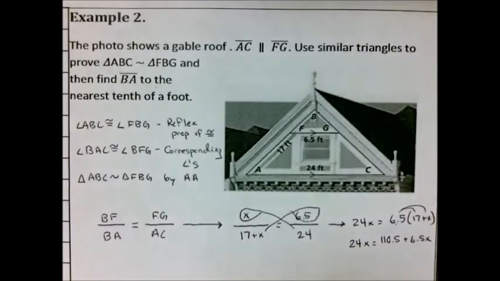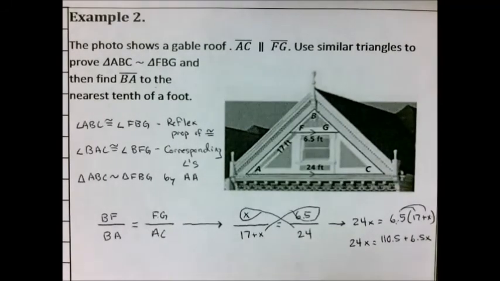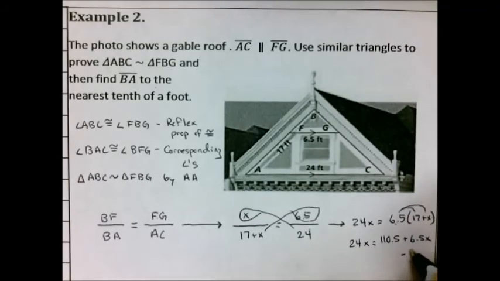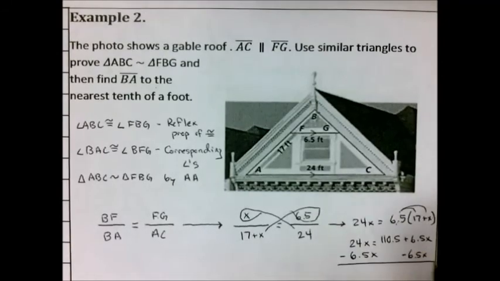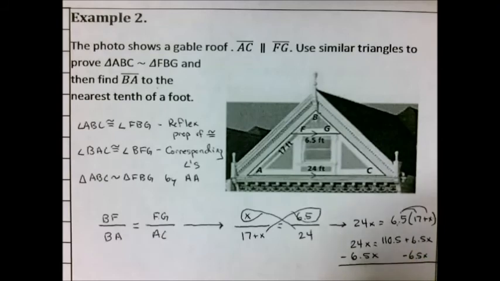Now we're trying to get x by itself, and we've got variables on both sides of the equation. We need to get them on the same side, so we're going to subtract 6.5x from both sides. And 24 minus 6.5, 24 minus 6 is 18, minus another half is 17.5x, which is equal to 110.5.